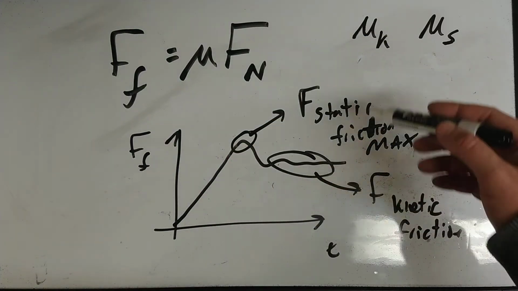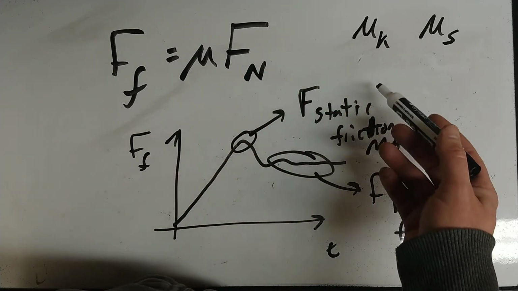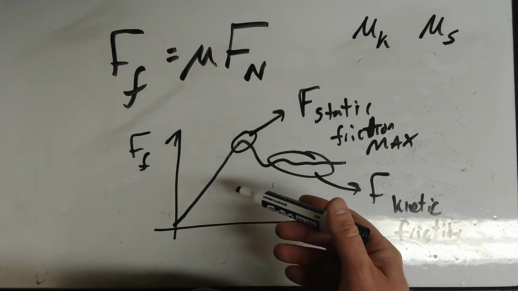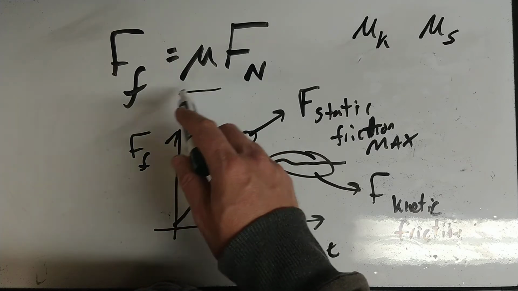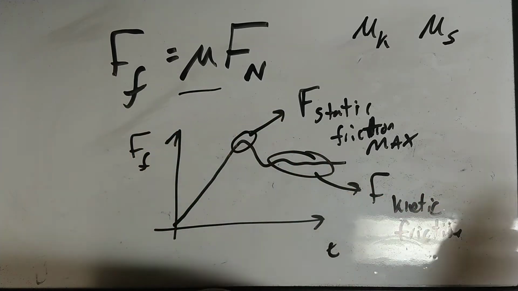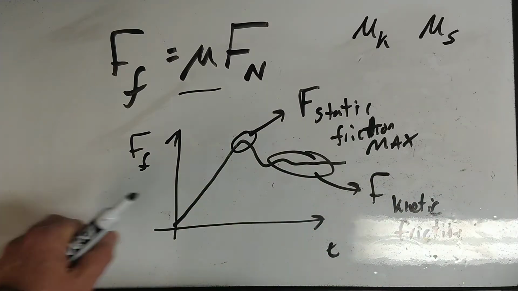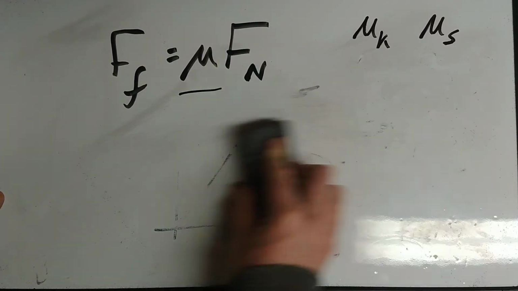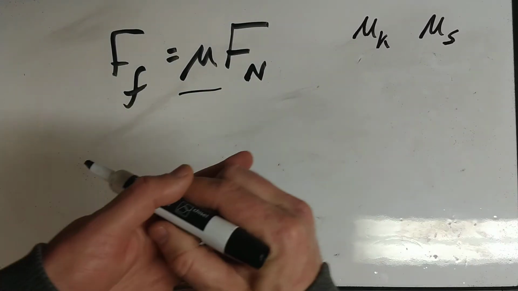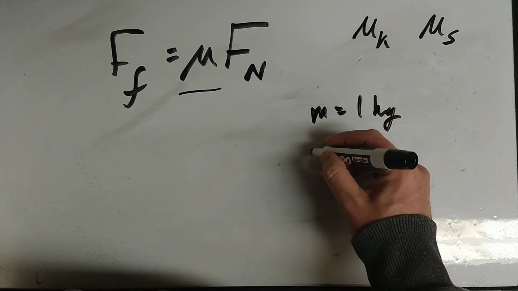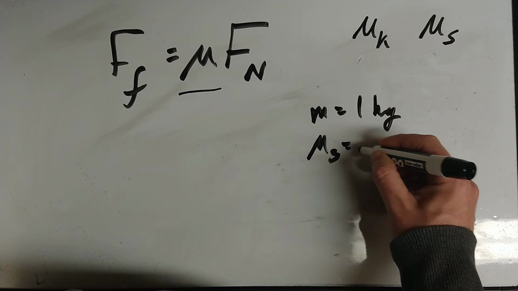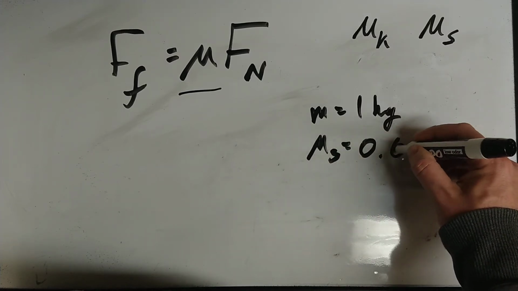Now, we'll come back and talk a lot more about this equation, how we calculate it, and what we do with it. Let's look at a really quick numeric example. Let's say we have an object whose mass is 1 kilogram, and the coefficient of static friction is 0.6.